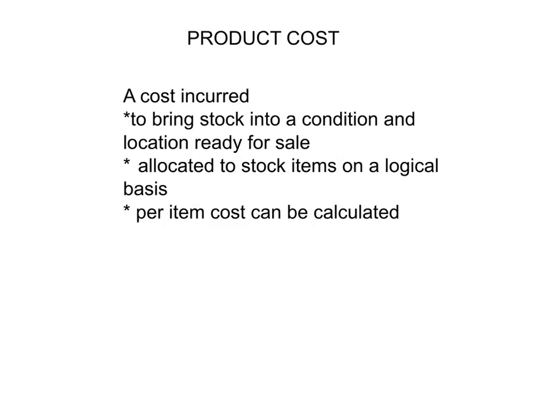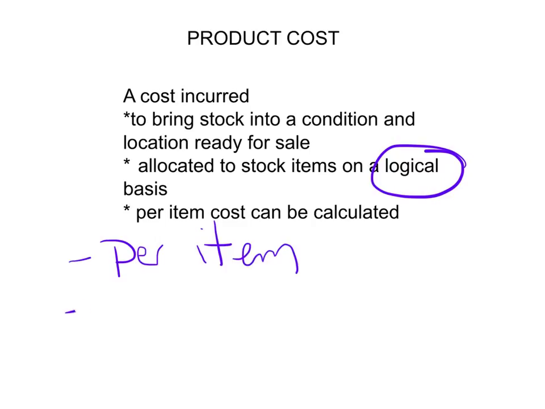So anything that's worked out per annum, if you don't get the same quantity per month or per reporting period, you can't treat it as a product cost because that's not logical. You're unable to directly attribute it. So product costs, you need to be able to do it on a per item basis, and we are adding to the value of the stock item.